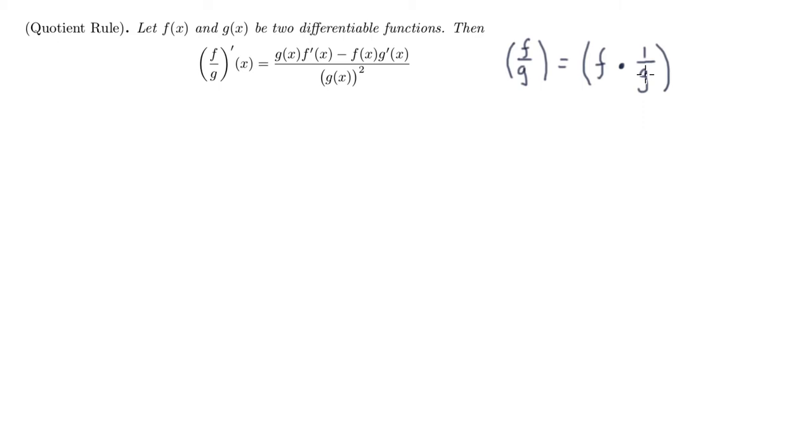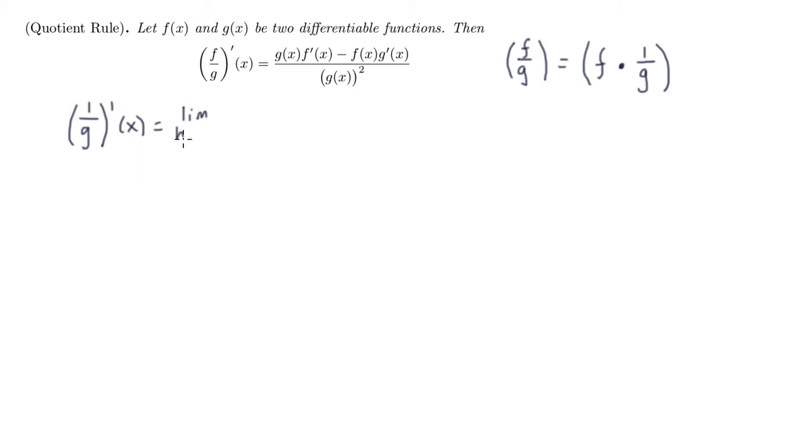Okay, so actually what we're going to do is we're just going to show that the derivative of 1 over g is given by a particular formula, and that it's compatible if we just apply the product rule to this situation. Okay, so let's see what the derivative of 1 over g is. So for 1 over g, the derivative by definition is given by this.